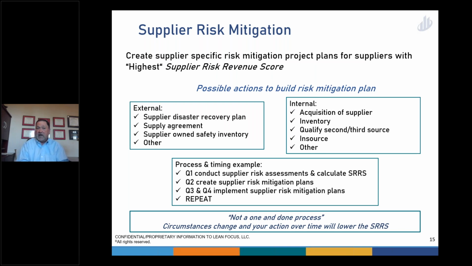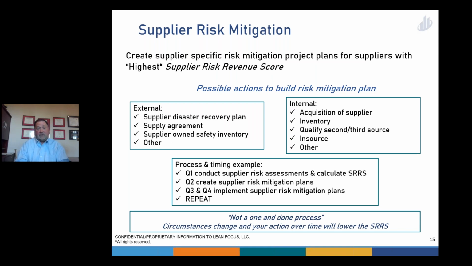Having a strong supply agreement in place so that if something were to occur, you're first in line, or they have a way to buy from their competitor. You can also have the supplier own safety inventory, a very simple way to do that, but certainly there's a cost involved. And then there might be other external strategies you may look at as well.